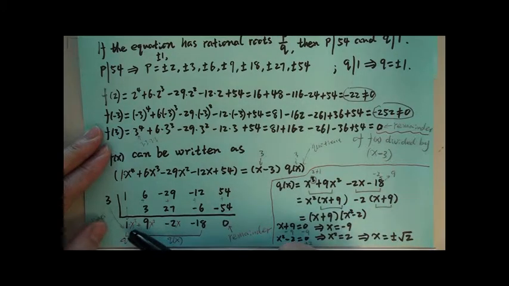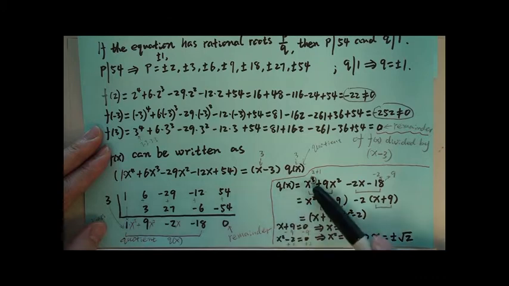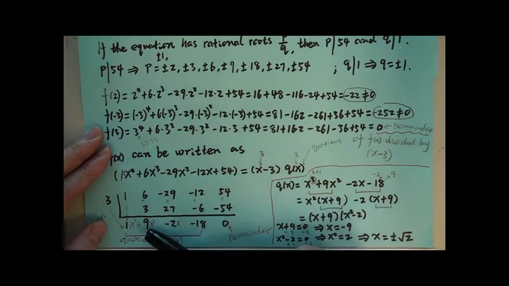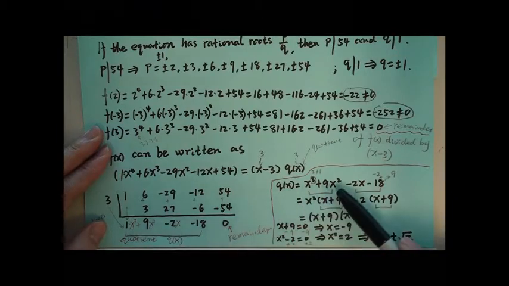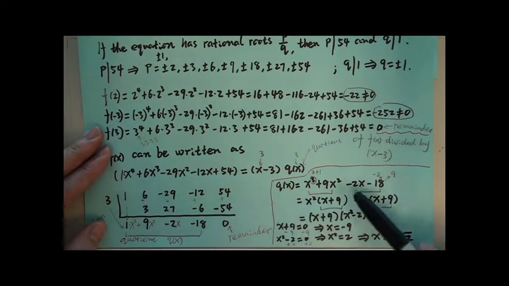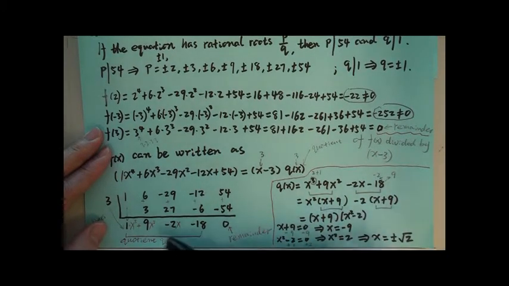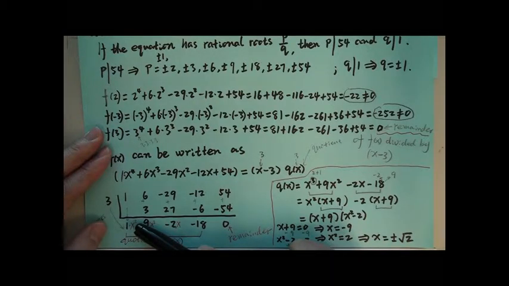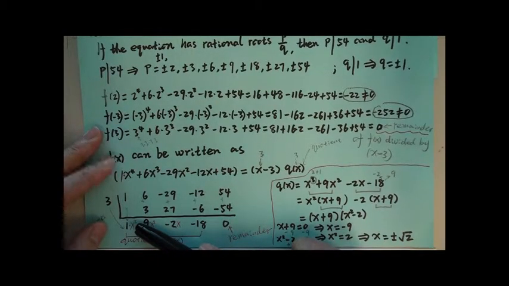You plug in: 1 stands for 1 times x cubed right here, 9 is 9 times x squared, and here is negative 2x, and here is negative 18. How do we know it starts with x cubed?